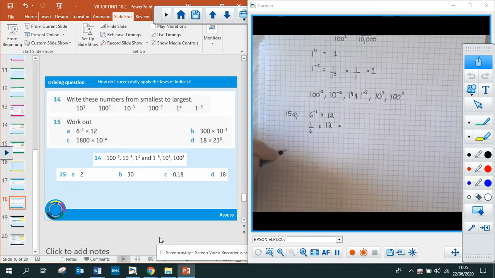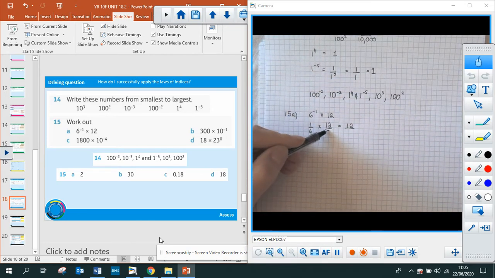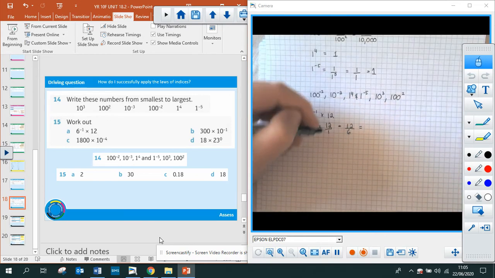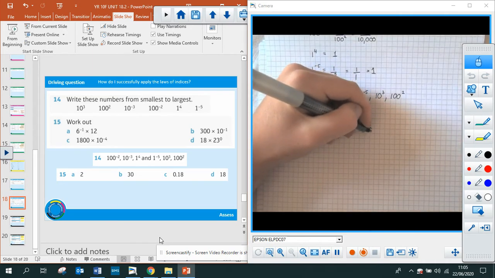Okay, so 1/6 times 12. We're multiplying fractions here, so 1 times 12 is 12. And then 6, remember that's like it's 12 over 1, so 6 times 1 is 6. That just gives us 12 over 6, or 12 divided by 6, which we know is 2.